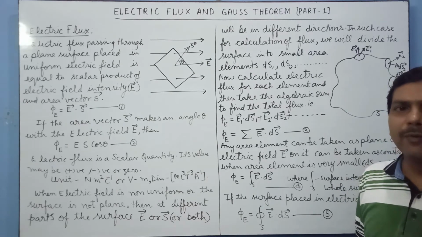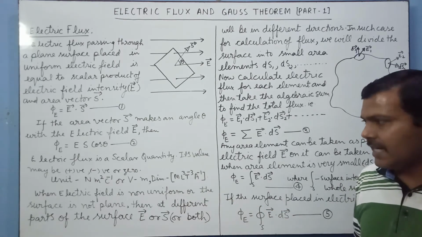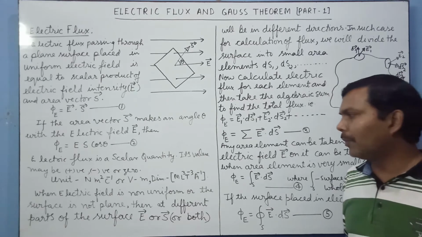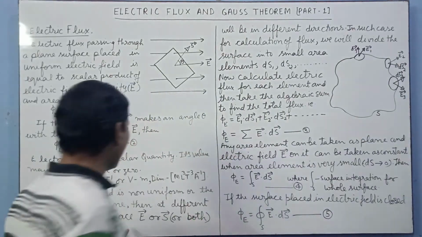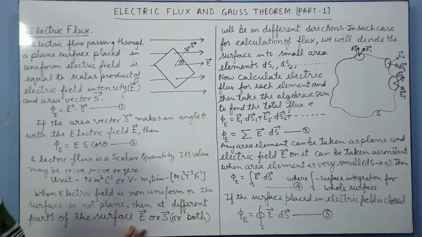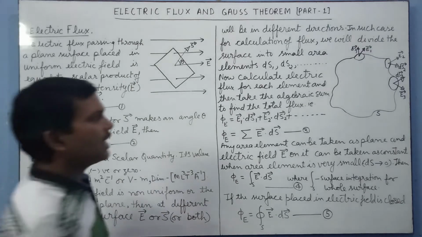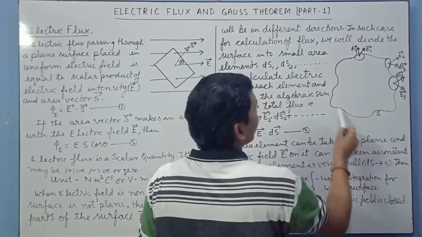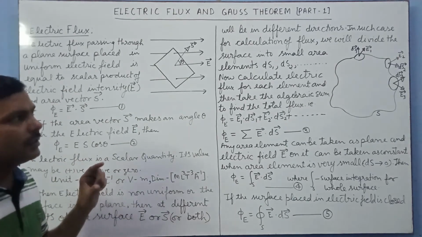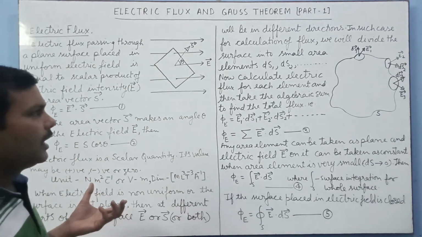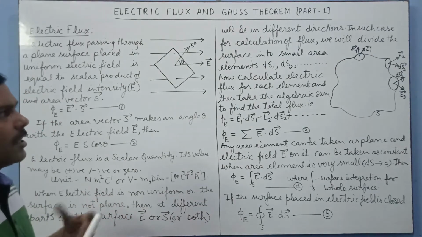Now we will consider a little different case in which the electric field is non-uniform or the area is not a plane surface. Then at different parts of the surface, the electric field E or S or both will be in different directions, as I have considered here in this case. Here you can easily notice that the electric field E and area vectors at different points of the area are different.